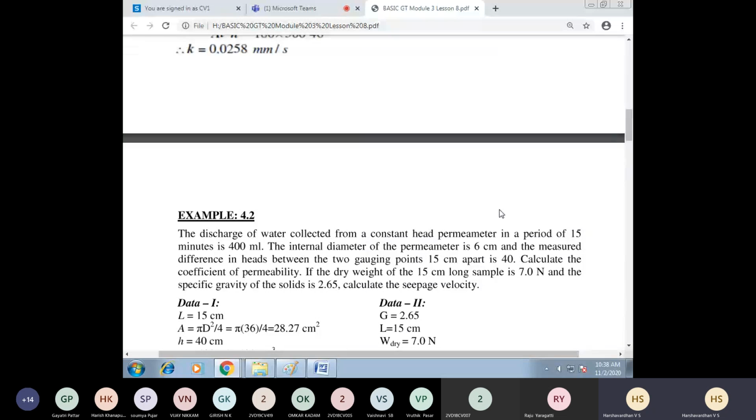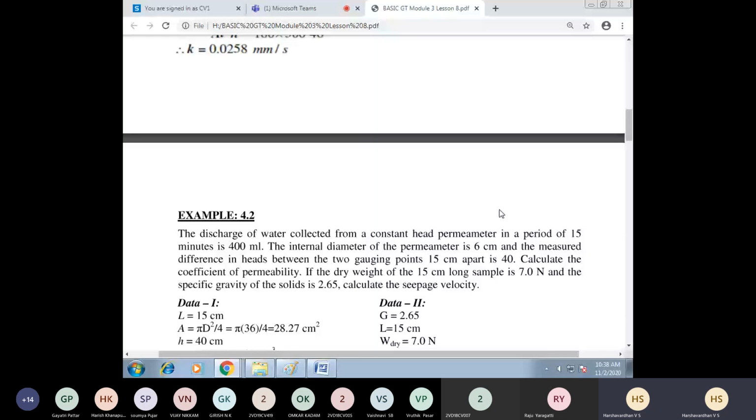The discharge of water collected from a constant head permeameter in a period of 15 minutes is 400 ml. The internal diameter of the permeameter is 6 centimeter, and the measured difference in heads between two gauging points 15 centimeters apart is 40 centimeter.